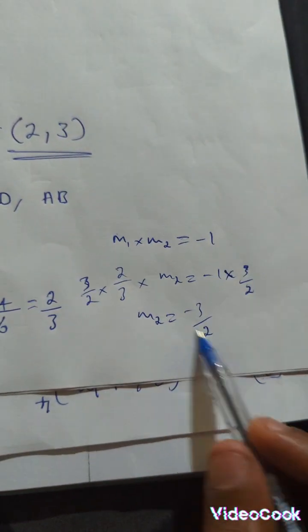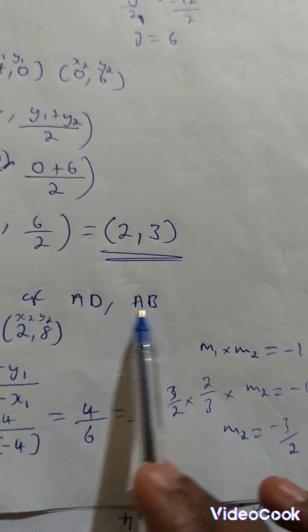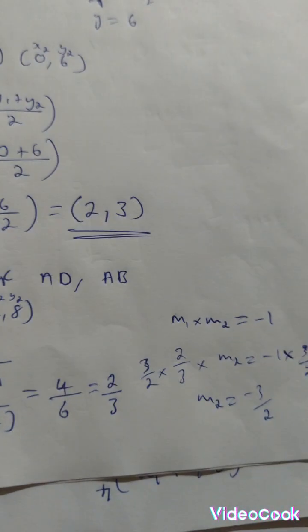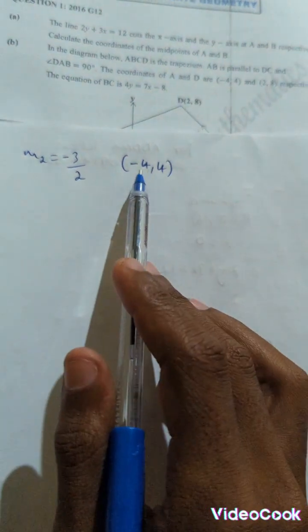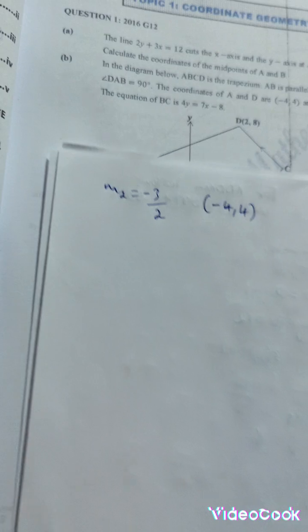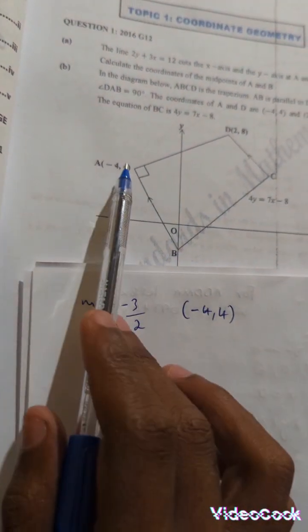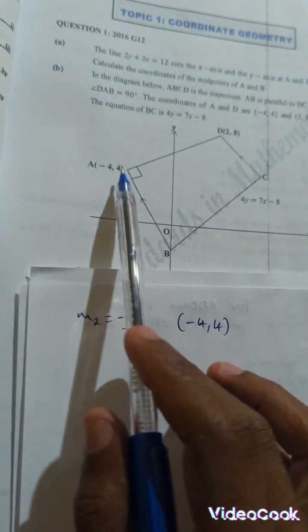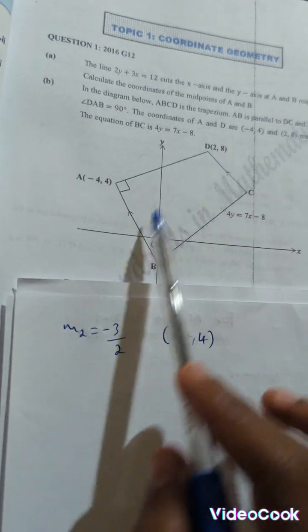So this is the gradient we're going to use to find the equation of AB, and these are our coordinates for A, because we're finding the equation for this line that is perpendicular.